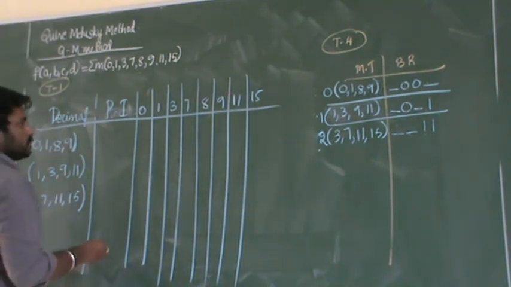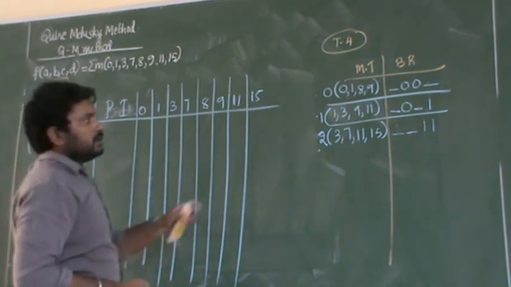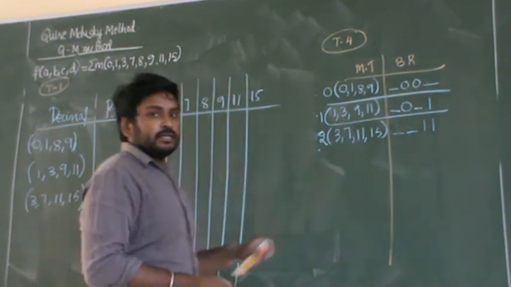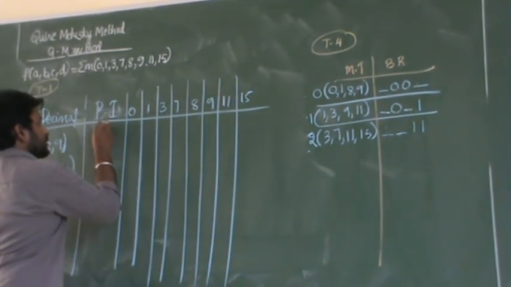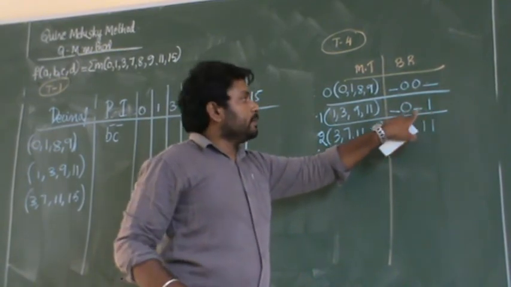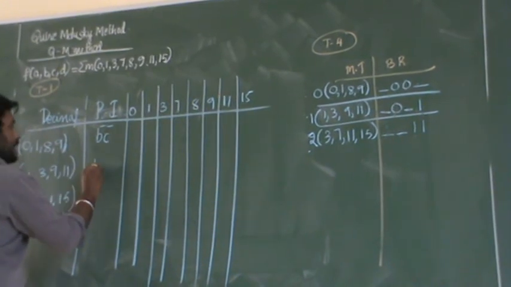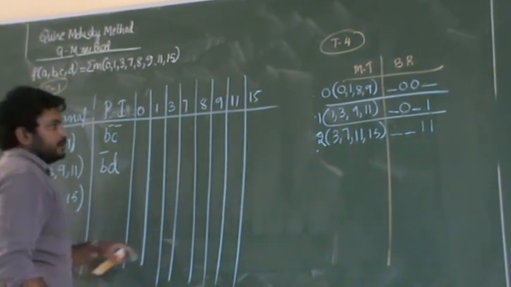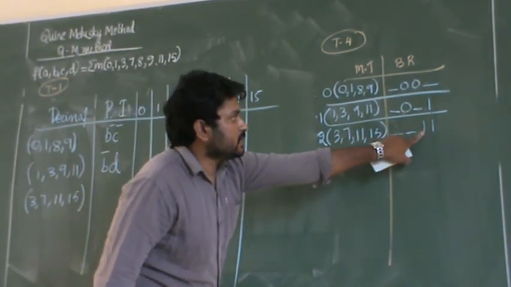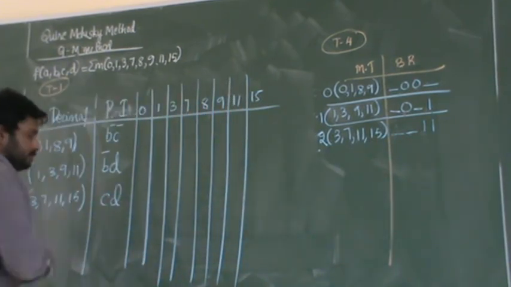So what are the prime implicants? The first, 0, 0, means B bar and C bar. Next, 0, 1 means B is taking 0 and D is taking 1, so therefore B bar, then D. Then this is A, this is C, D. This is C and D. Okay.